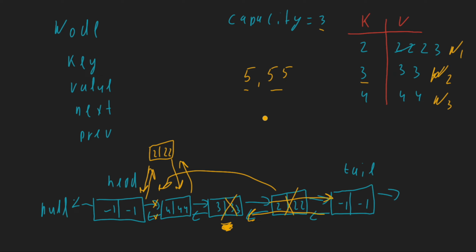So our get function and the put function. In the get function, we are going to move the existing node next to the head, every time we are calling the get function.